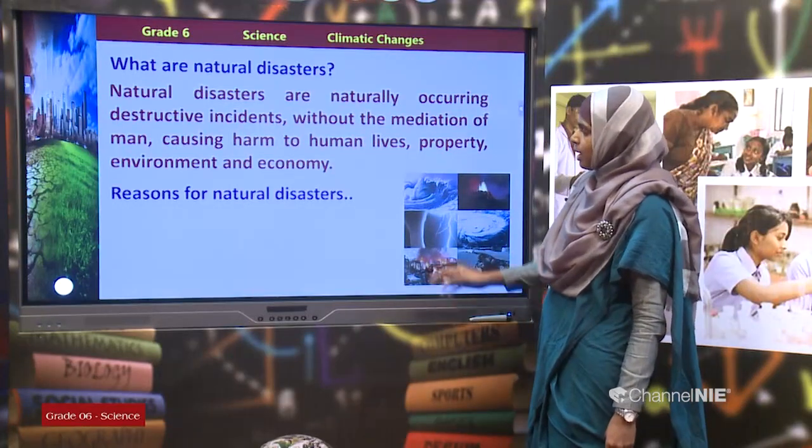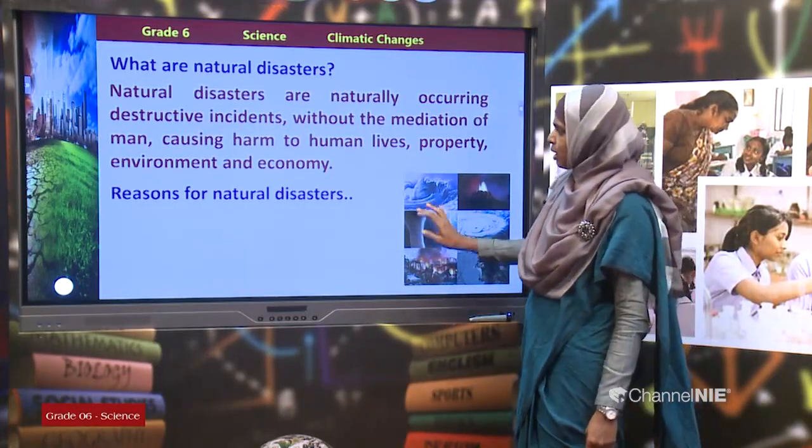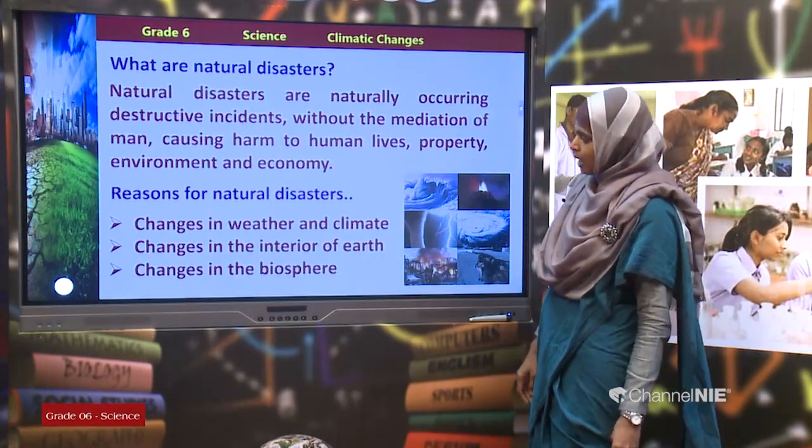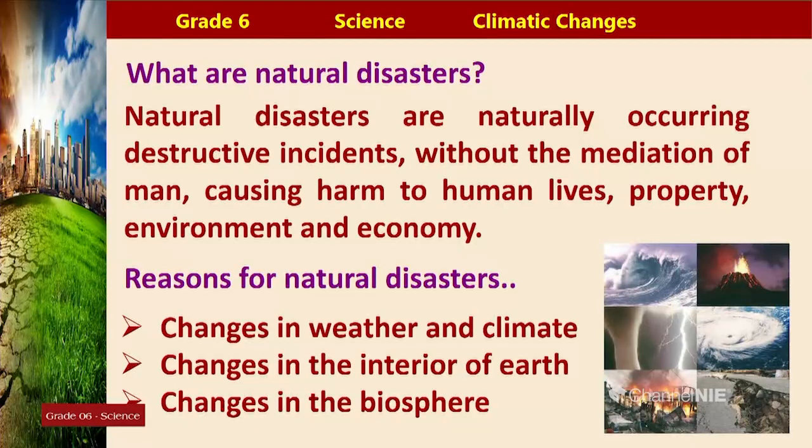And let's look at reasons for natural disasters. What are the reasons for natural disasters, children? Yes, changes in weather and climate. The changes in weather and climate occur naturally, which can give rise to these disasters, as well as various changes in the interior of the earth.